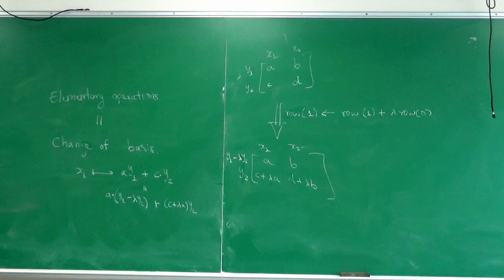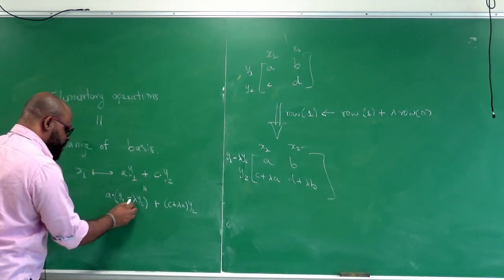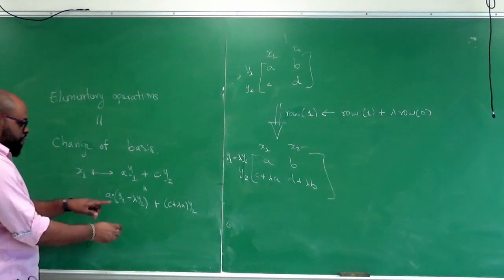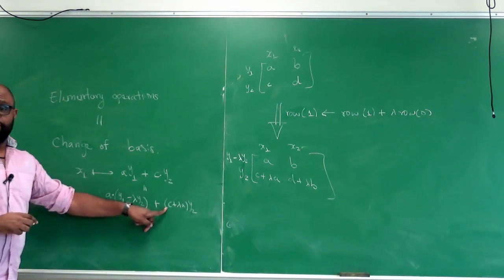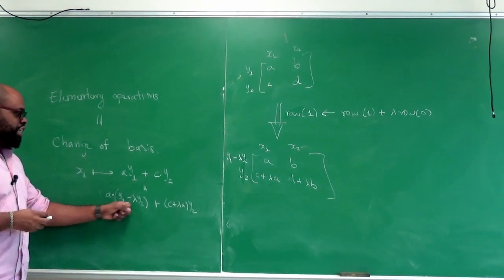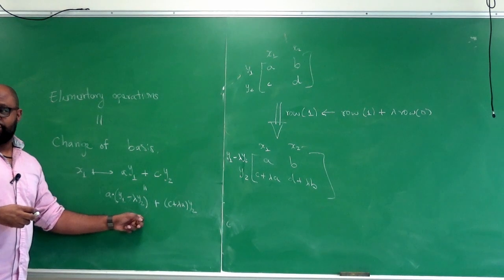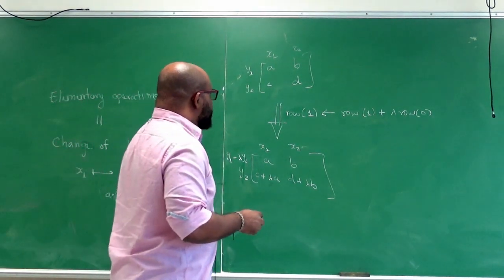Right, so if you multiply it out, you will see that this guy cancels with this guy, and you recover your a y1, c y2 that you had before, right? So it's sort of algebraic trickery to keep everything consistent. Okay, so that's the first comment.